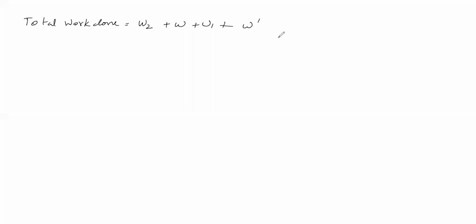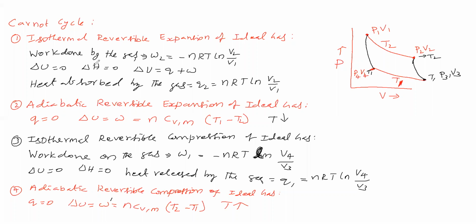So work done we have written. Now we will substitute the values. First W2: minus nRT2 ln V2 by V1. T is the temperature. What is the temperature in the first step? First step temperature is T2, therefore we will substitute T2 here.